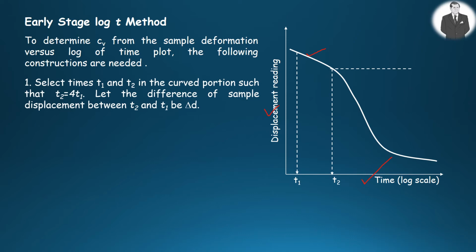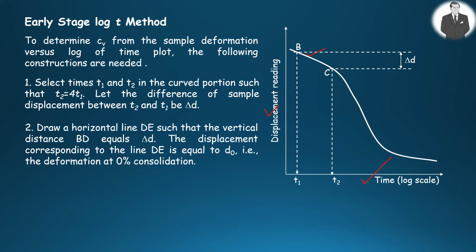Let the difference of sample deformation between these time intervals be delta d. In the second step, draw a horizontal line DE such that the vertical distance BD equals delta d, and the displacement corresponding to the line DE is equal to d0, which means the deformation at 0% consolidation.